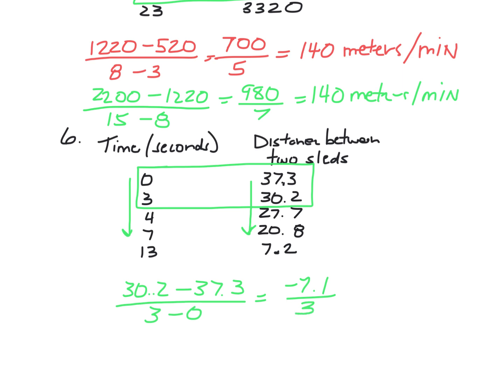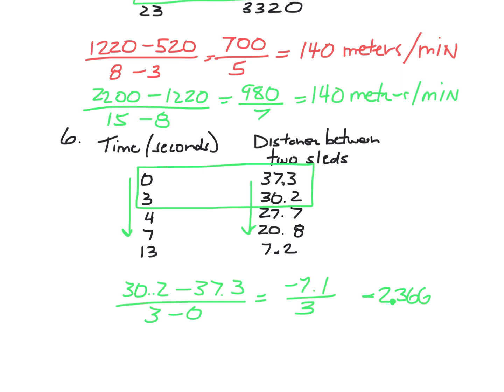And then I would divide those using a calculator, and you would get a value which is going to be a negative. So if I take 7.1 and divide by 3, I get 2.366, and in this case, that would be negative.